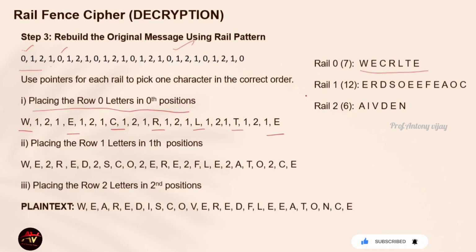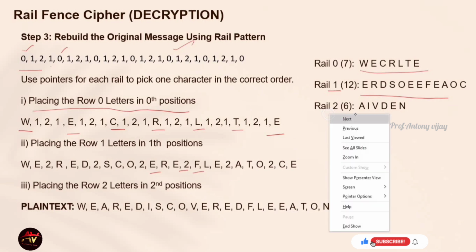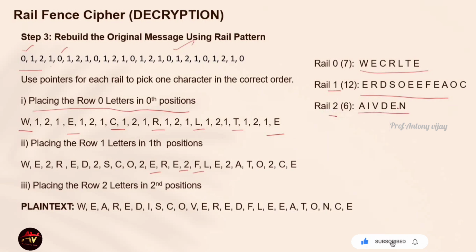Next we replace the ones with the characters of rail 1, in proper sequence: E, R, D, S, O, E, F and so on. In the same manner the twos are replaced with A, I, B, D, N. Finally we get "we are discovered, flee at once." This is the plain text from the decryption process. This is what is called Rail Fence Cipher.